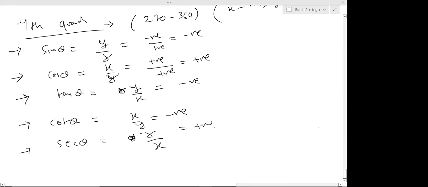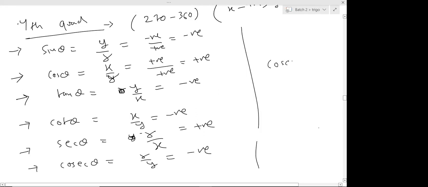So this is also positive, and cosec theta, r upon y. So this is negative. So in fourth quadrant, cos theta and sec theta give us positive value. Everyone else give us negative value. All right, note it down.